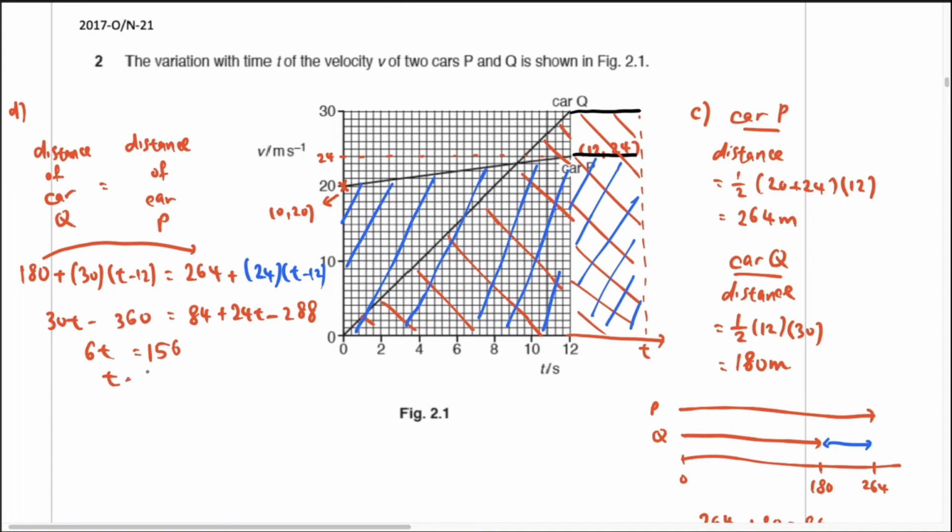T equal to 26 seconds. So we get the time. At the time 26 seconds, they meet up again.